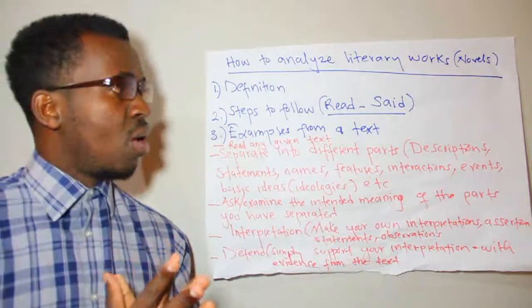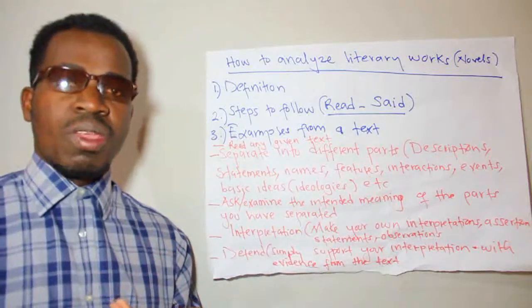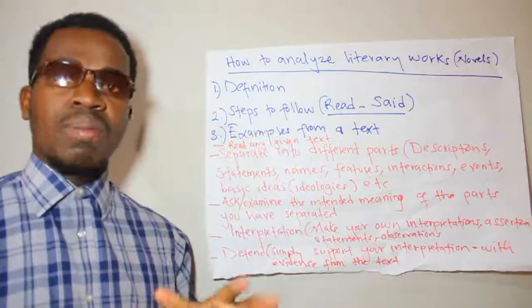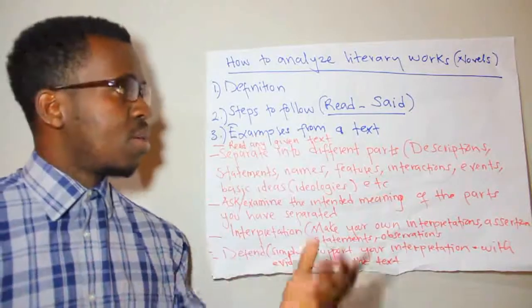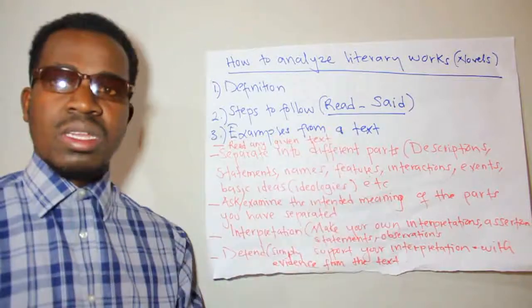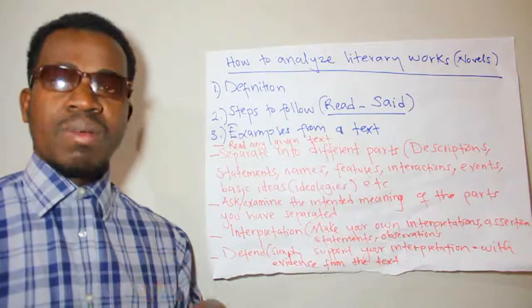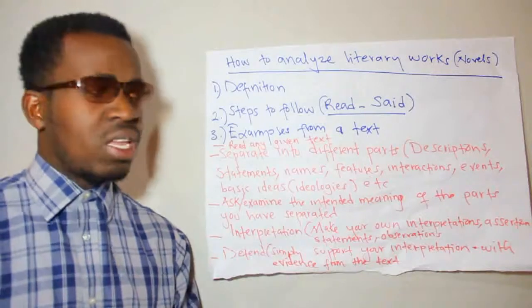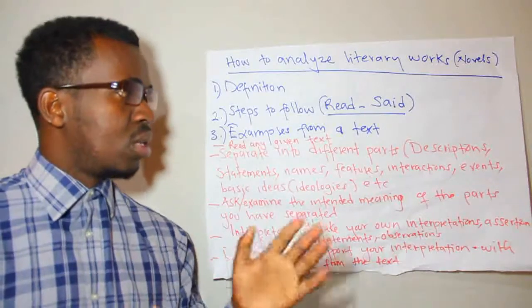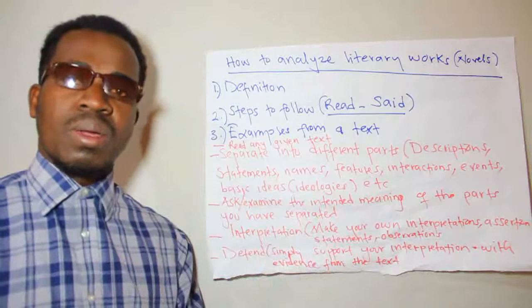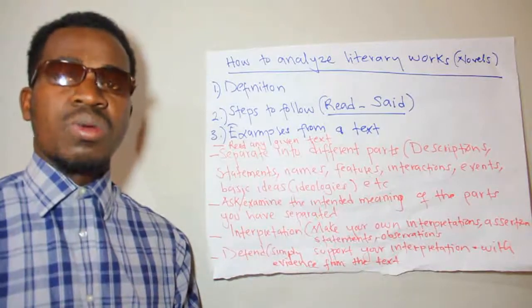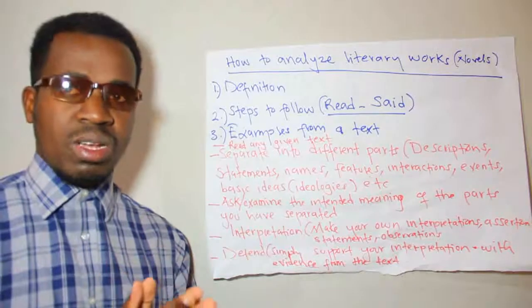Now I'm going to provide you a very brief example on how these elements can be applied, how the READ SAID strategy can be applied to actually analyze the text. We use this most of the time, except sometimes we don't realize that we are actually using this strategy.